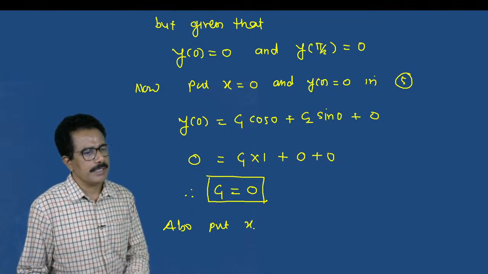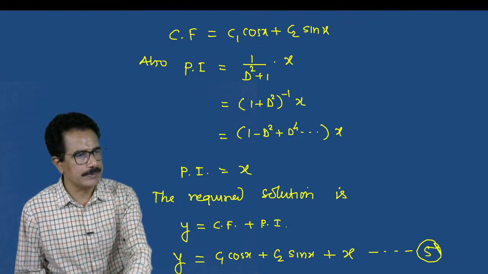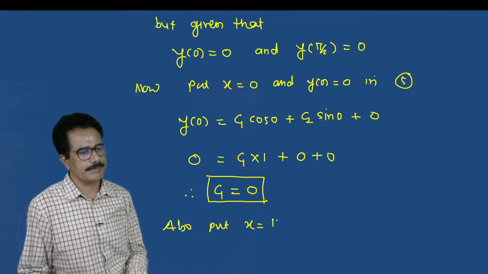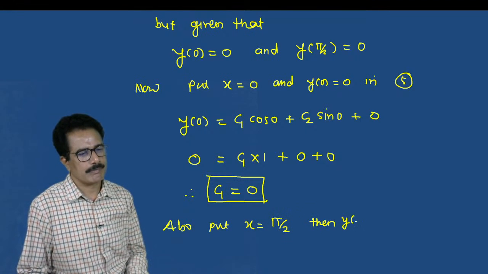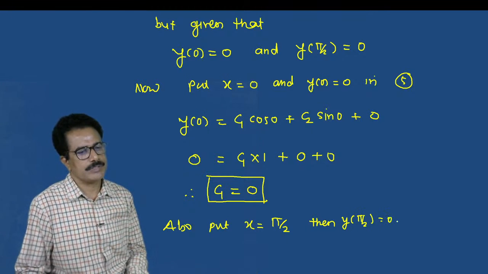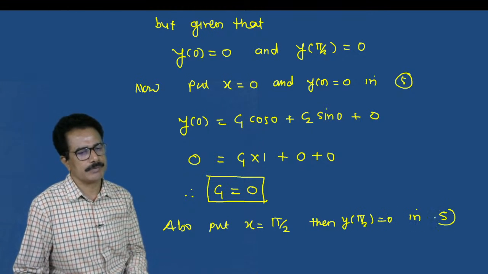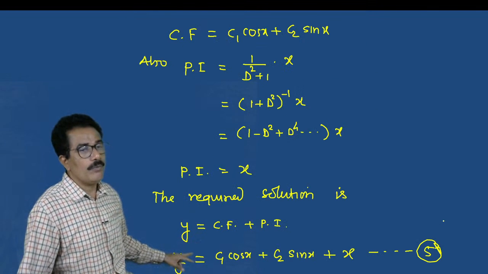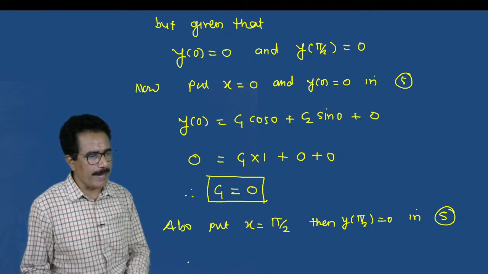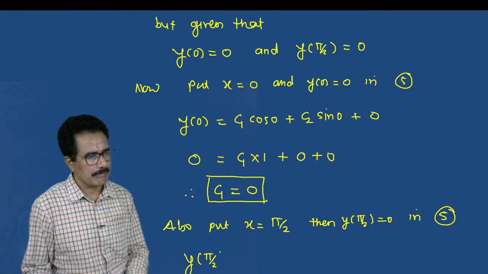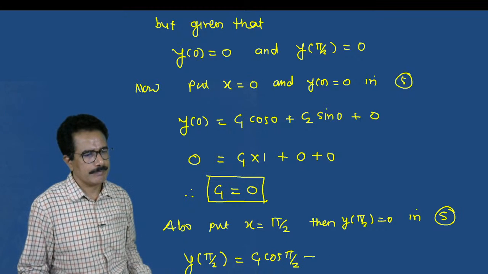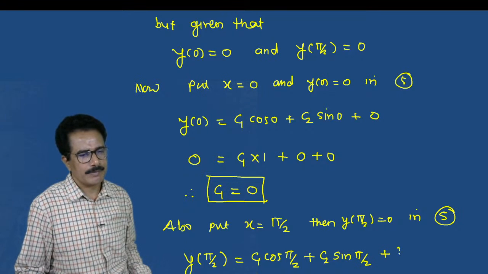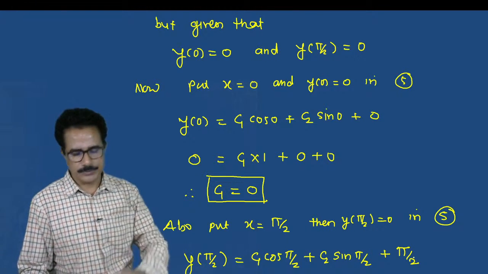Also put x is equals to pi by 2, the second condition. Then y of pi by 2 is 0 in equation 5. So y of pi by 2 is c1 cos pi by 2 plus c2 sin pi by 2 plus pi by 2.